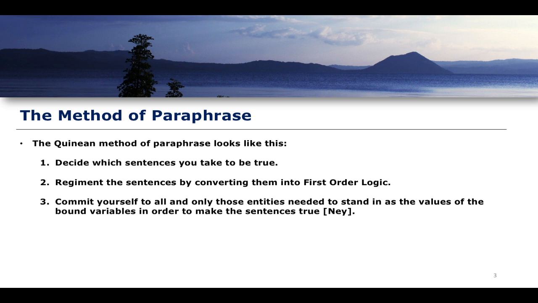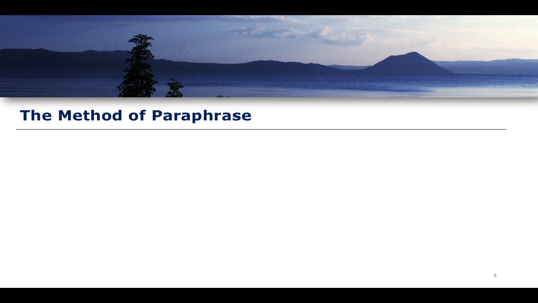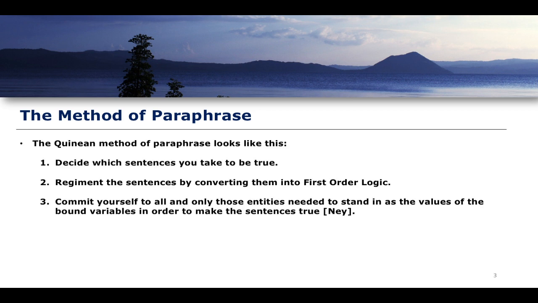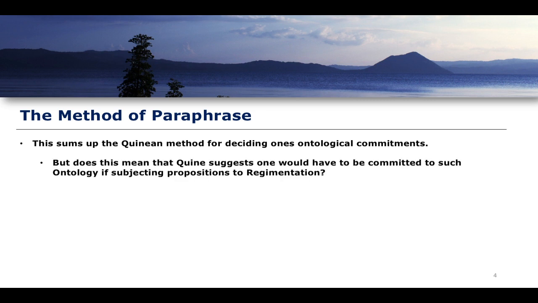You commit yourself to those entities which stand in as those values, which make that sentence true. Now, this is fundamentally the three-step process by which Quine develops his understanding of metaphysical and ontological commitment.